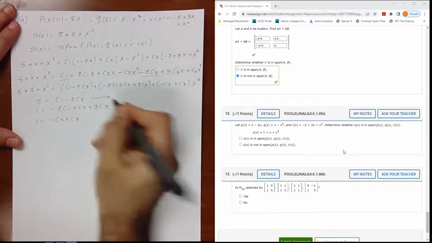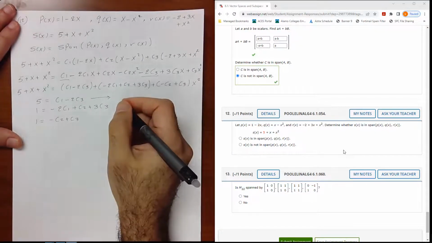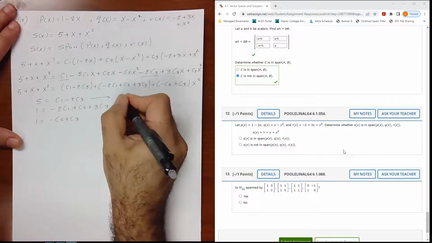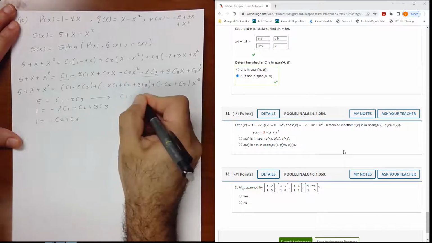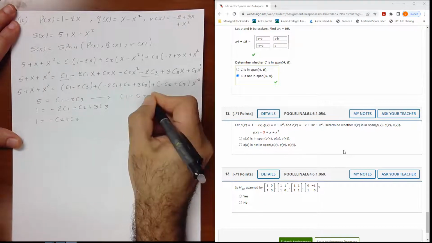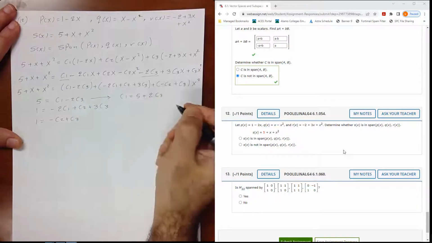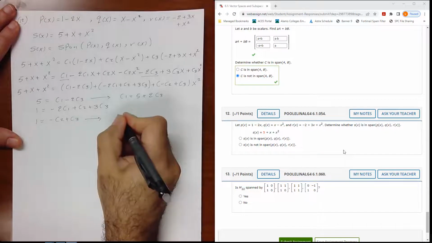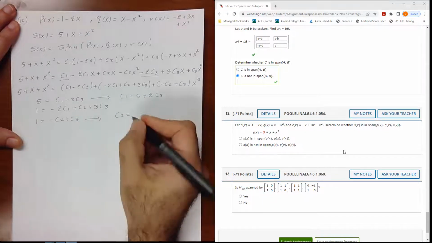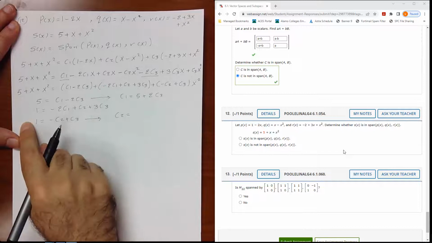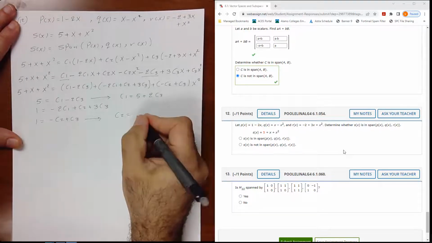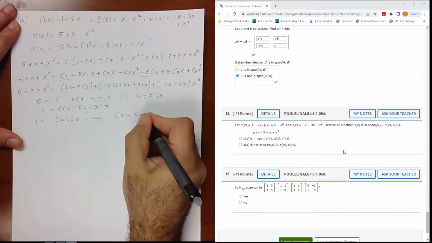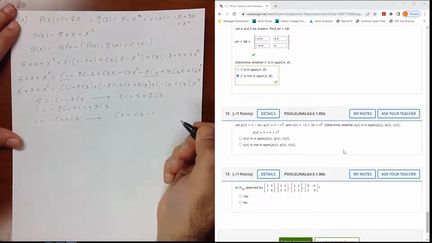So I'm going to solve the first one: C1 is equal to 5 + 2C3. And I'm going to solve this one because it's easier: C2 equals C3 - 1, moving the term to the other side.